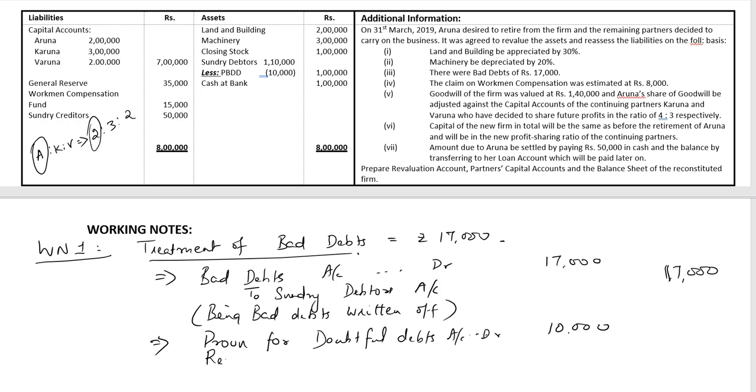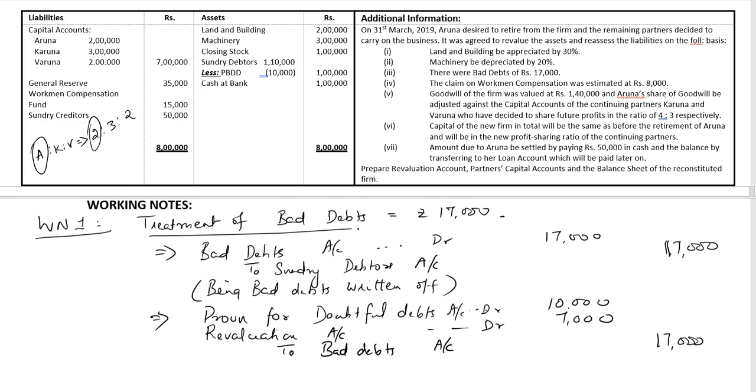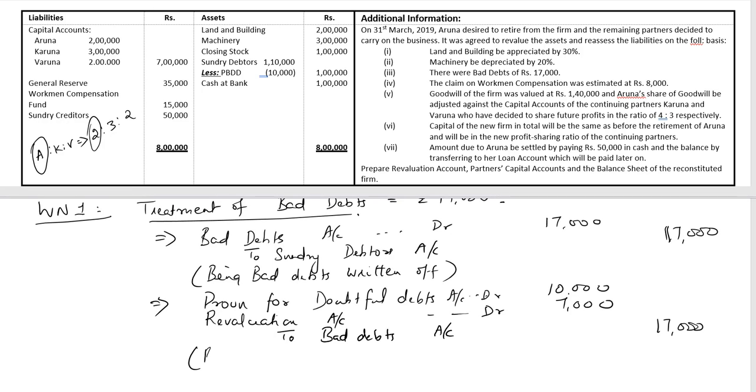For the balance we will debit the revaluation account. Revaluation account debit 7,000 rupees to bad debts account, totally 17,000 rupees. Narration being bad debts provided for.